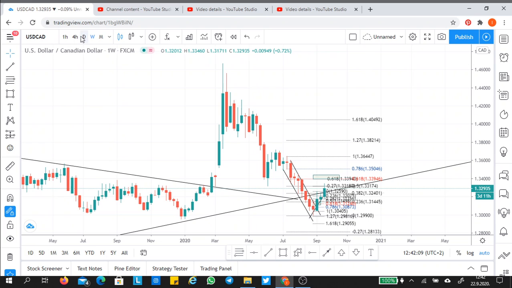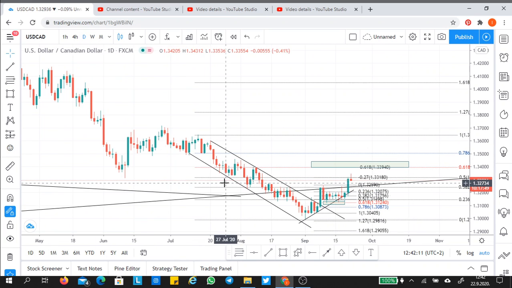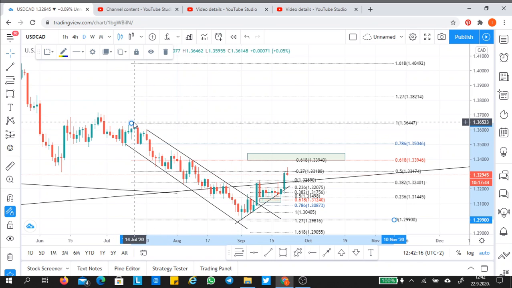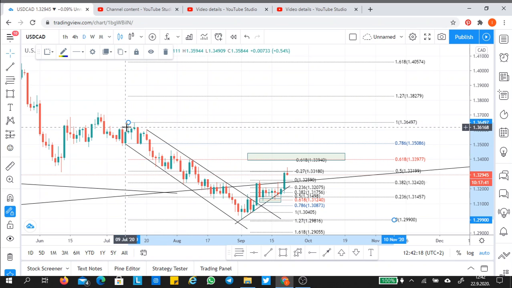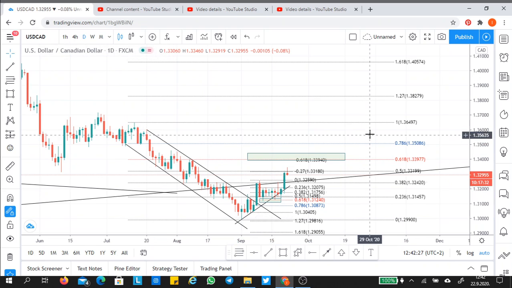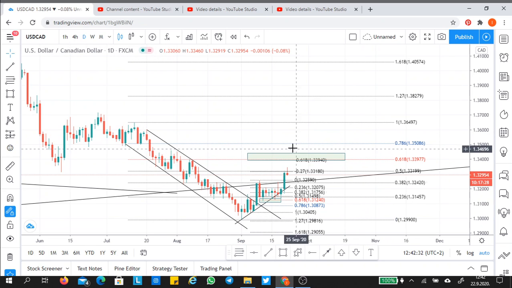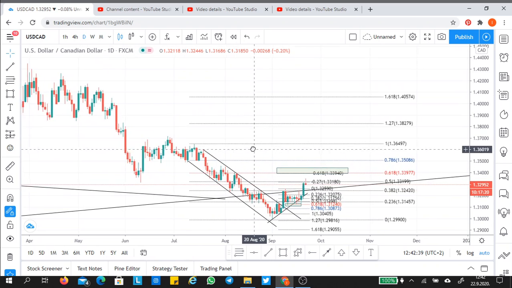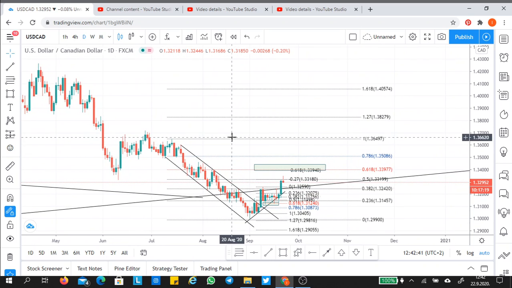So if I look at the weekly, or maybe the daily, which is better to explain it on, draw a Fib from the last impulse move to the downside, from this high to this low, giving me the 78.60 retracement level, where the price potentially could reverse back down to the next impulse move.